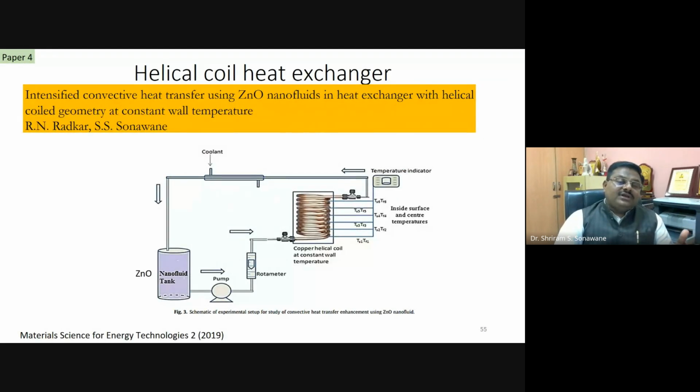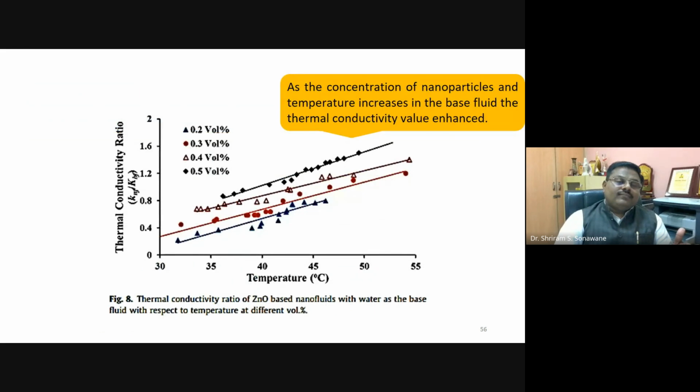We've seen the thermal conductivity. Next slide. We see the thermal conductivity ratio, right? That means the thermal conductivity of the nanofluid relative to that of the base fluid is enhanced with reference to temperature.